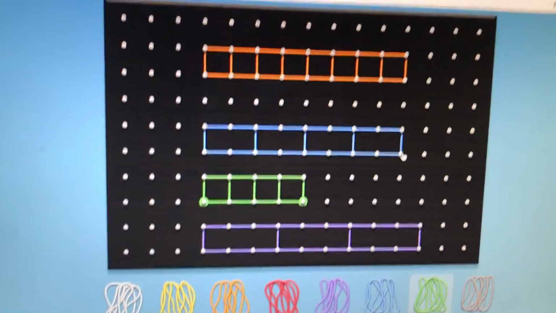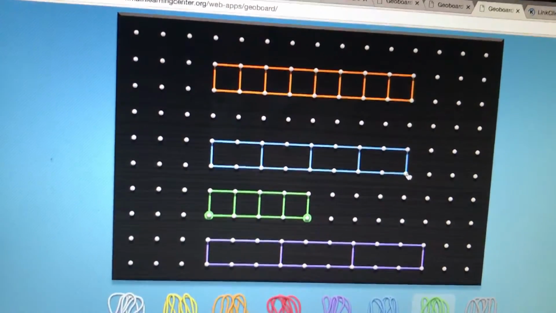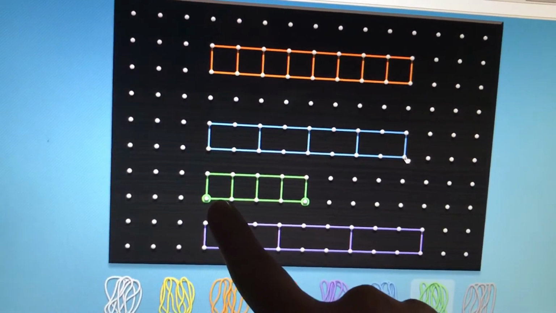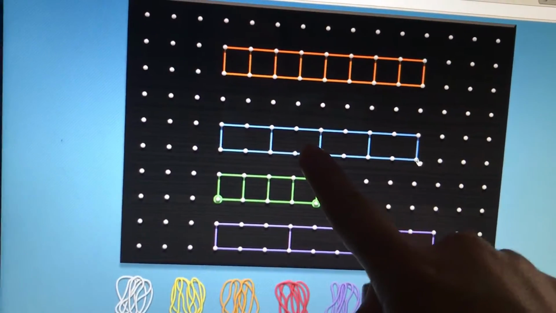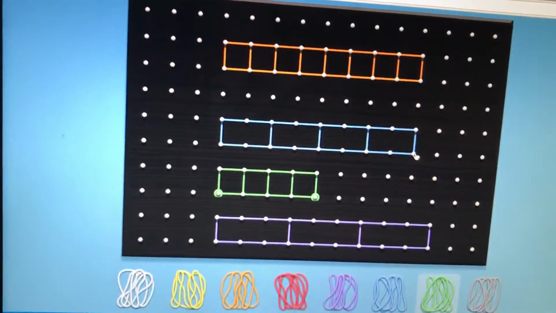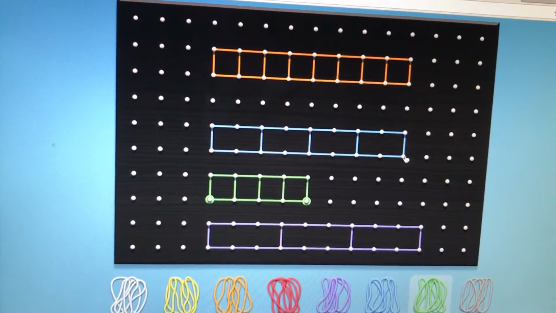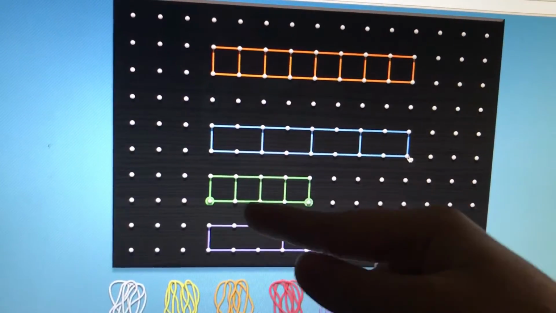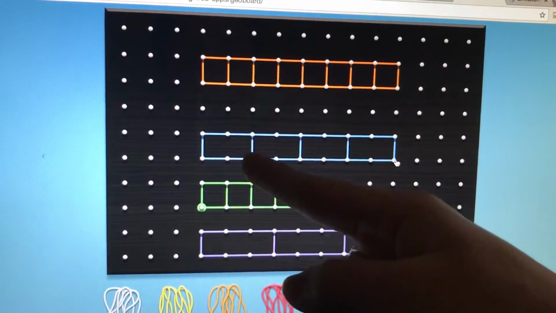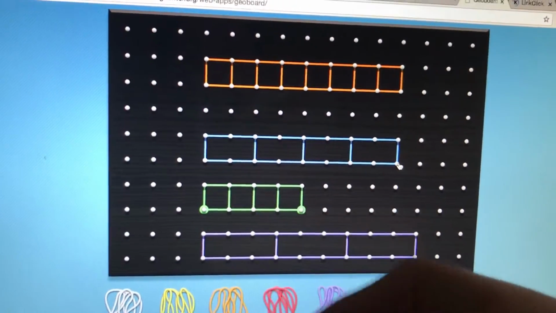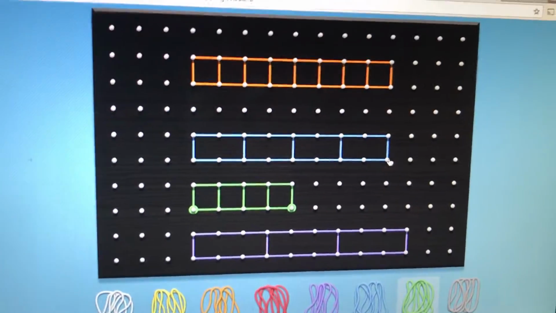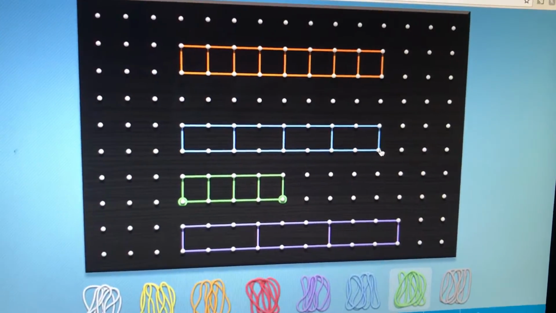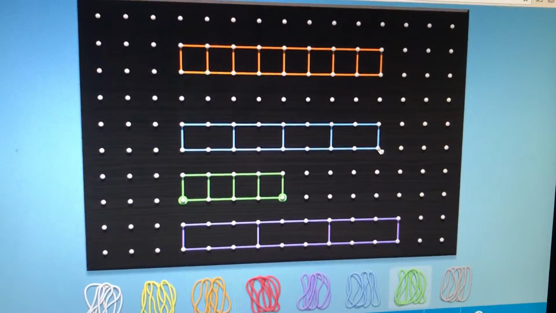So having them compare if they wanted half of this candy bar or a fourth of this candy bar, without looking at them, students might think, well, I would rather have a half of the candy bar. But then they notice down here, when they look at these, that the fourth of this candy bar and the half of this one is actually the same size. So having students understand the differences between sizes of fractions.